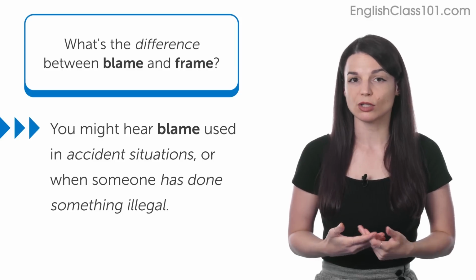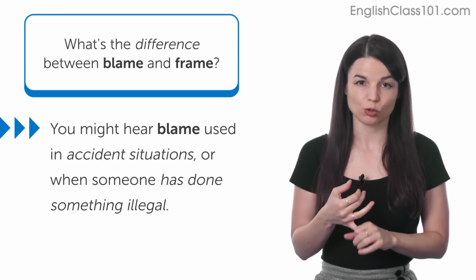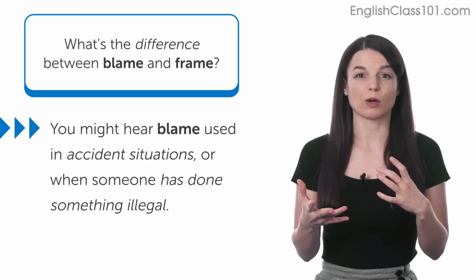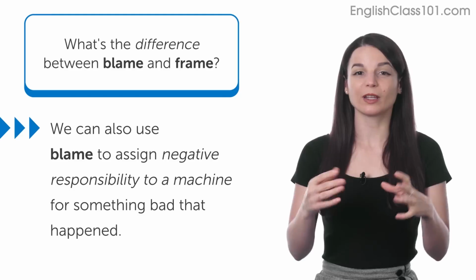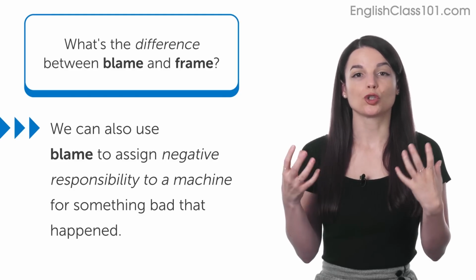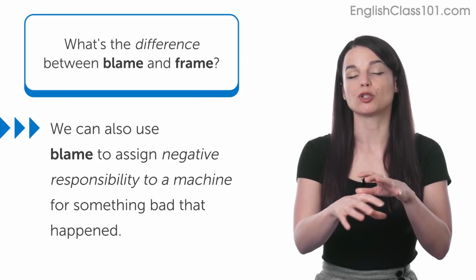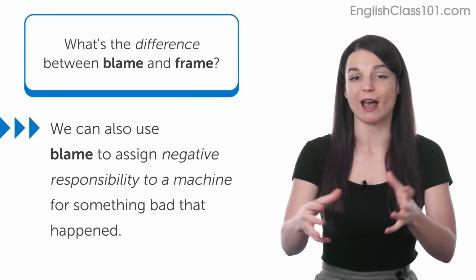So again, we tend to use this in accident situations, maybe in cases where someone has done something against the law, so they've stolen something. We can also use the word blame to assign responsibility to a machine for something bad that happened.